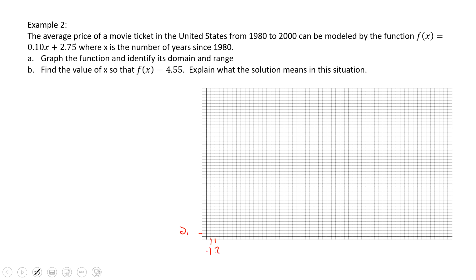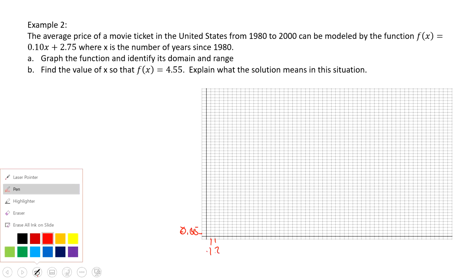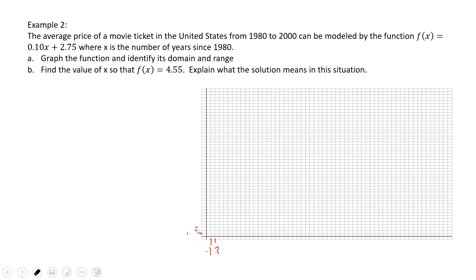Actually, let's make that 0.12. How about 0.05? That'll work. That's my slope. 0.05 for the y. So we're going to graph the function. So again, we're graphing y-intercept first, which is $2.75. That can't be 0.5. It has to be 0.1. Like I said before, my scale is going to work better at 0.1 because I don't have enough lines.